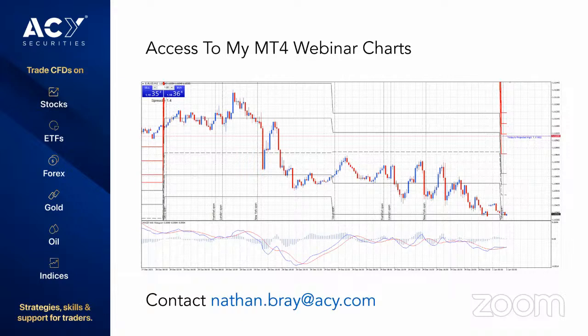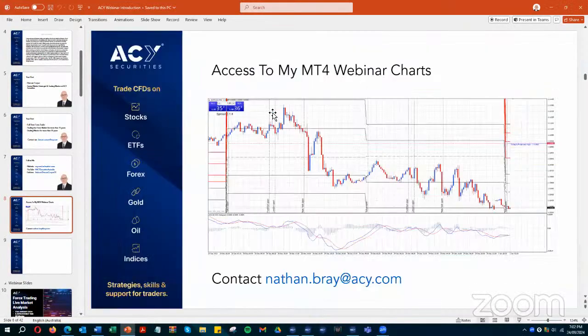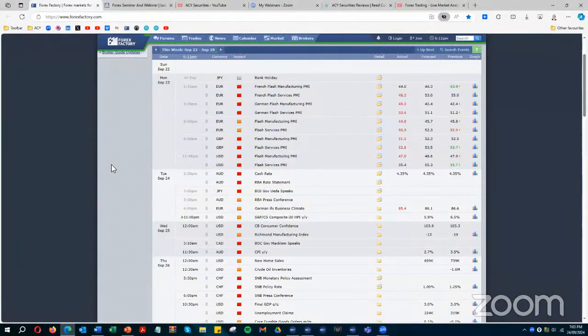There we go. All right, so let's get first up into the news for the week. Last week we had a very big news week. And of course, we have the US interest rate decision cut and potentially further cuts coming.